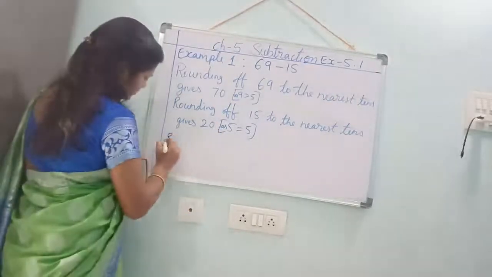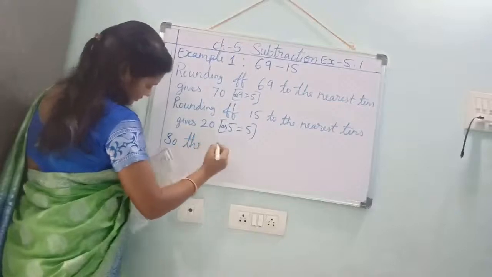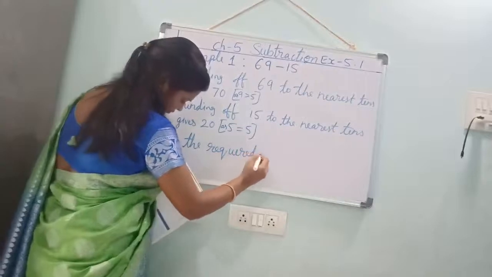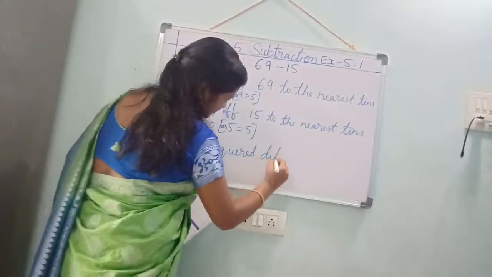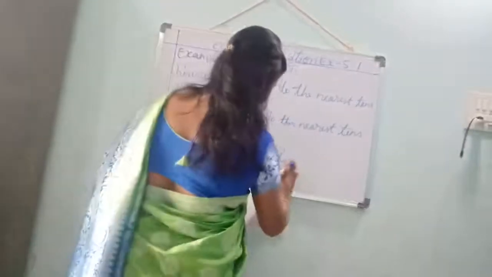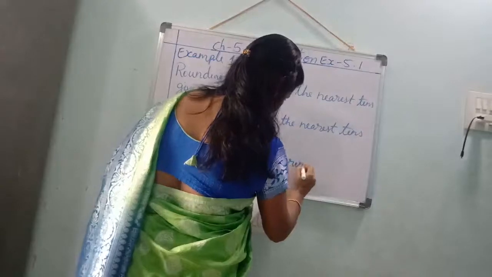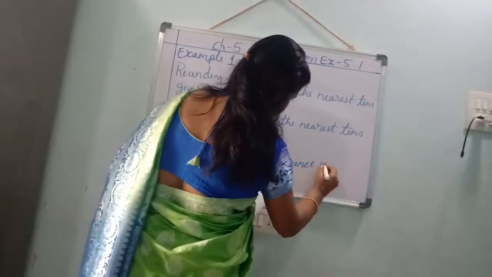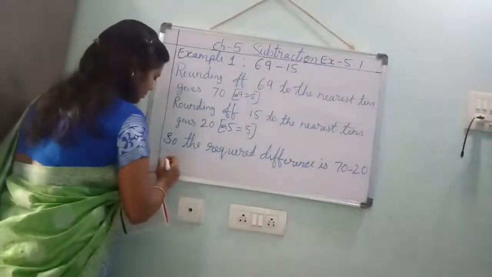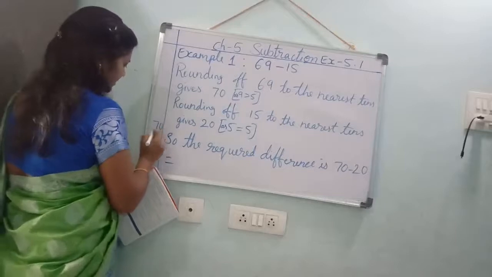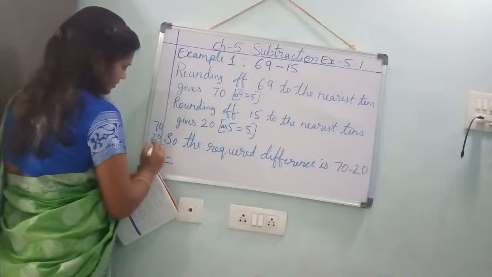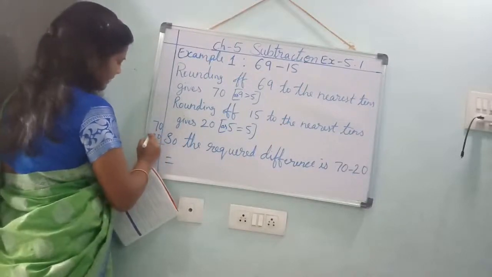Now, so the required difference is 70 minus 20. 70 minus 20 means what? 0 minus 0, 0. 7 minus 2.